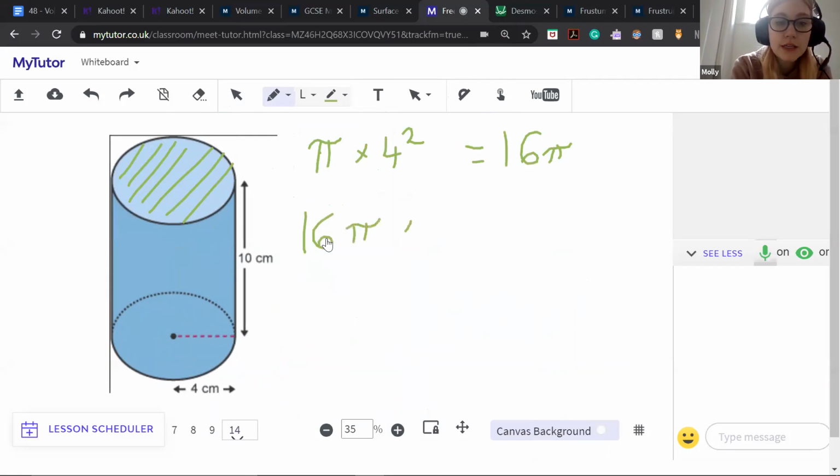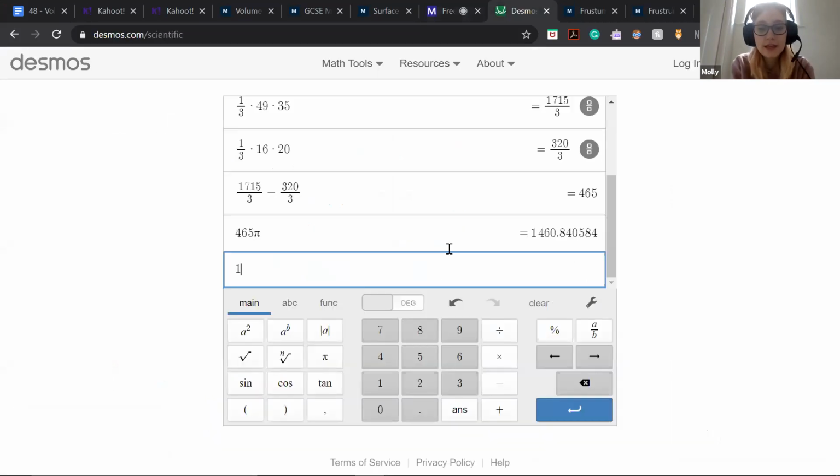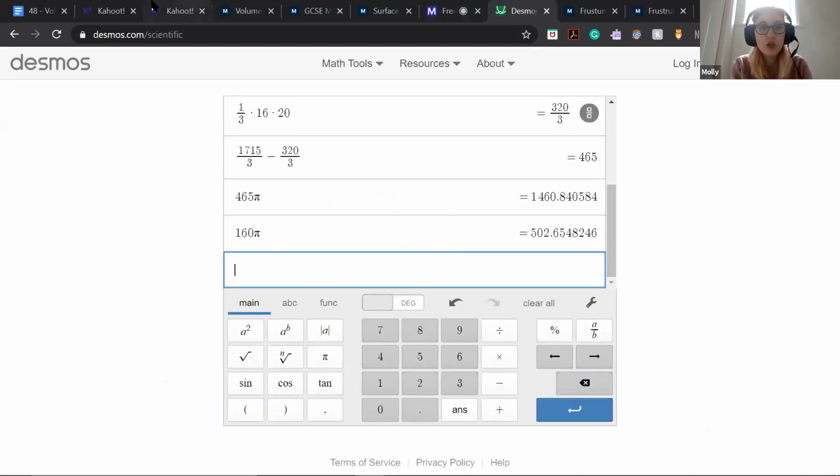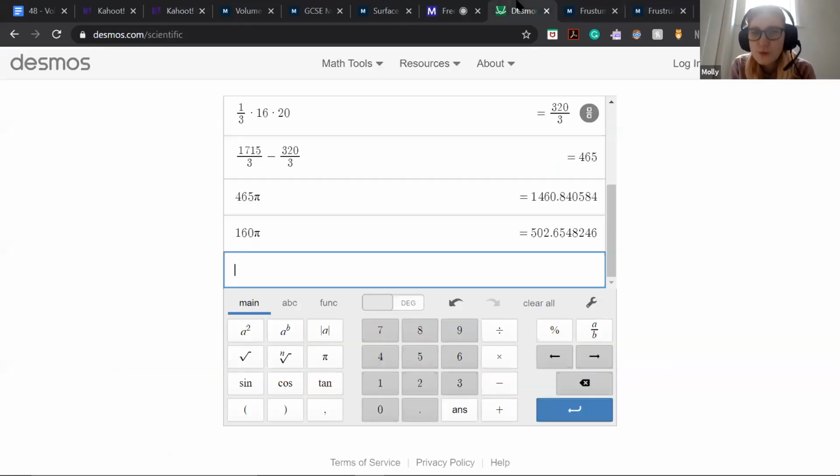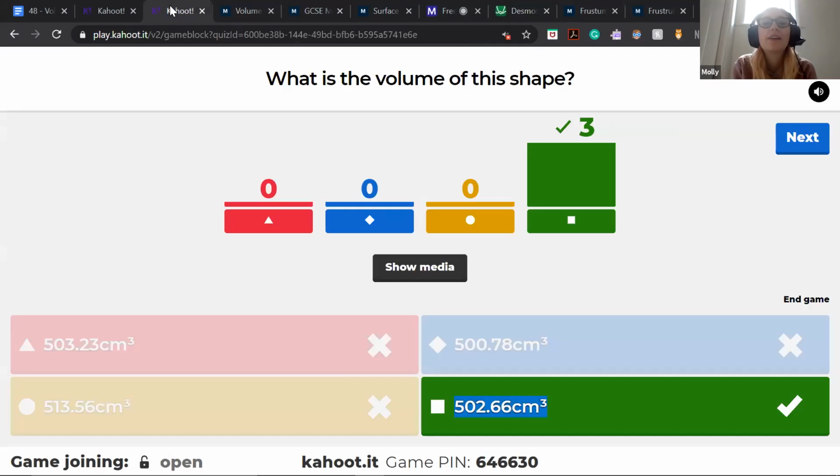So 16 pi times 10 gives us 160 pi, which then if we pop into our calculator, 502.65, which is the correct answer here, or 0.66. Oh, it should actually be 0.65. So whoever made this actually did a rounding error, but you know, it happens.